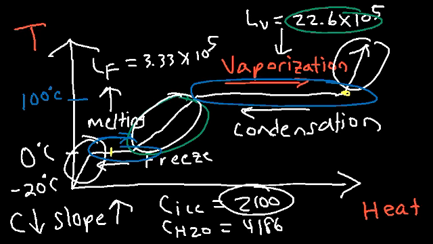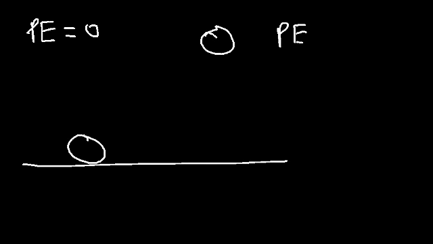Now, here's a good way to illustrate this concept. Think of gravitational potential energy. If you have a ball on the ground, basically attached to the earth, the gravitational potential energy is 0. However, to separate the ball from the earth, that is to lift it up above ground level, it takes energy to do that.